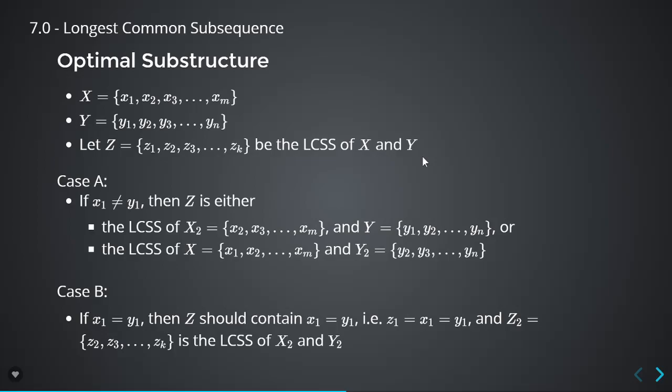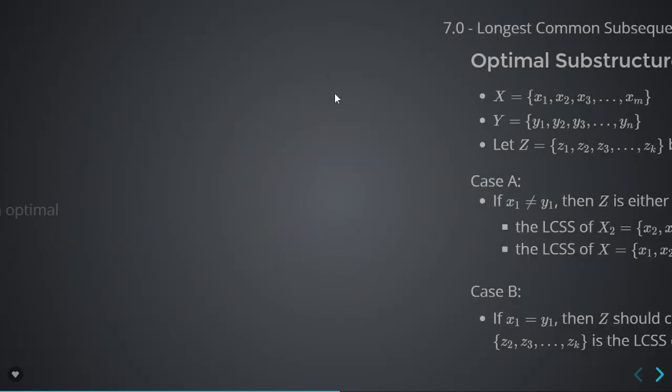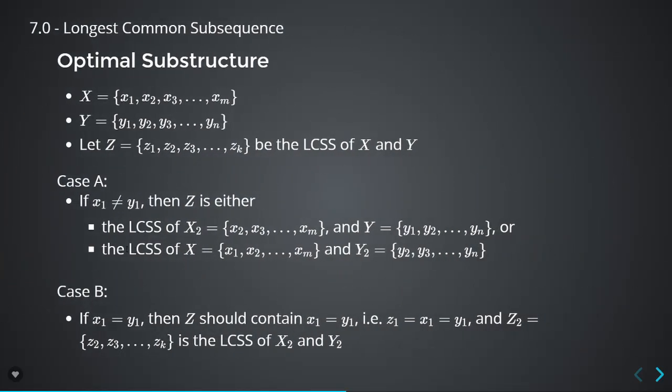So we have two different cases now. We have the case where x1 doesn't equal y1, so the first characters are different. So we're going to say that Z is either the longest common subsequence of the first subproblem, like I'm going to the left, or Z is the longest common subsequence of the second subproblem, where we go to the right, so we get rid of y1.